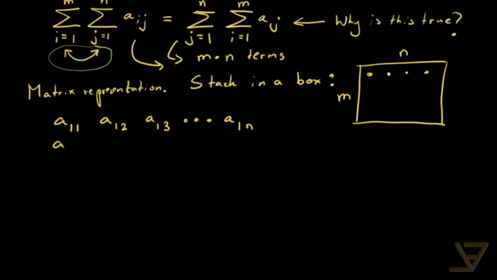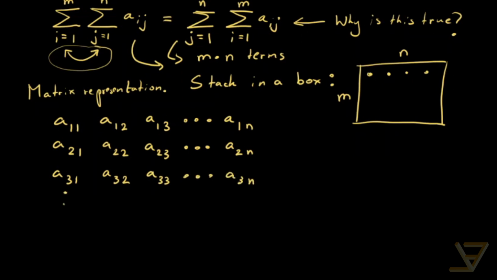Then we have A21, A22, A23 all the way through to A2n. We have A31, A32, A33 all the way through to A3n. And now we're going to put in the ellipses here because we can't possibly write all the rows.